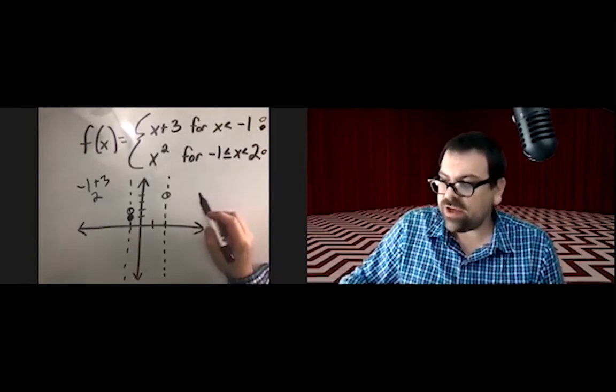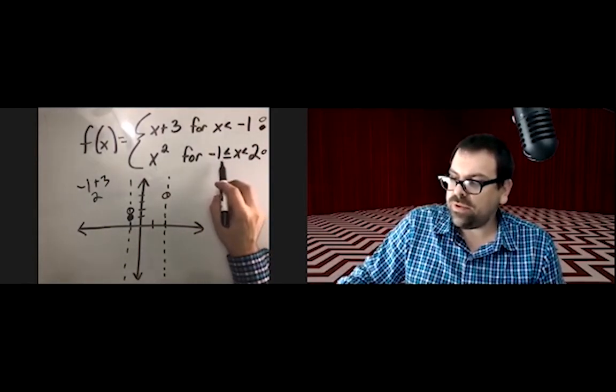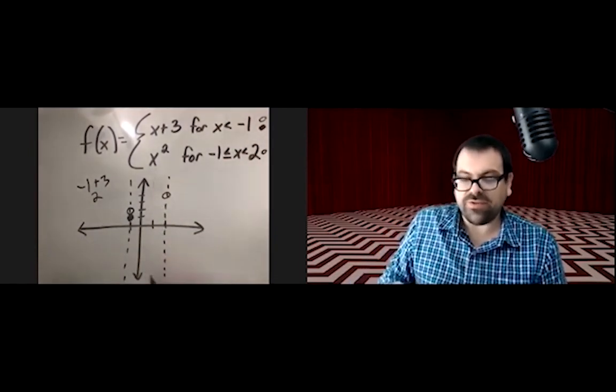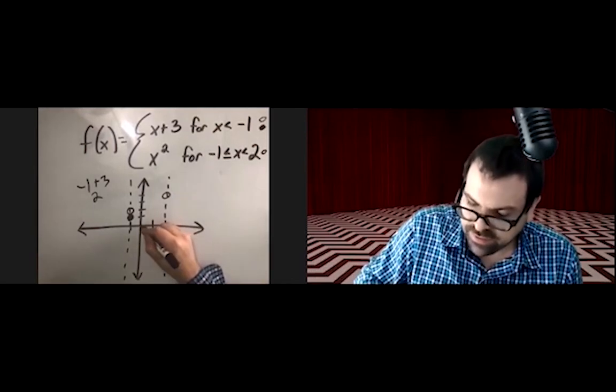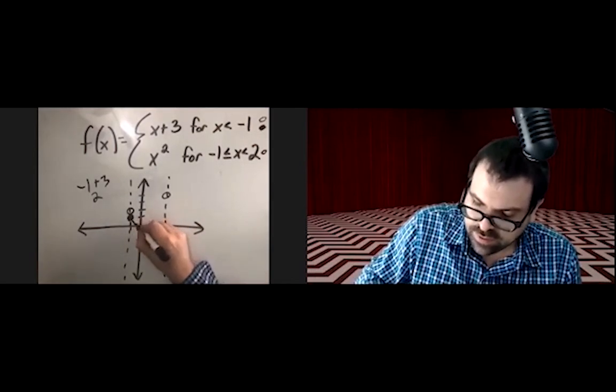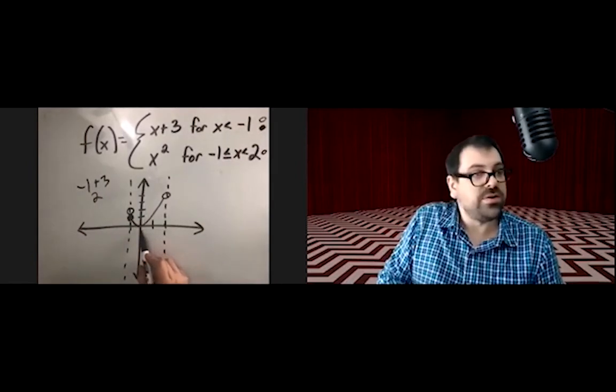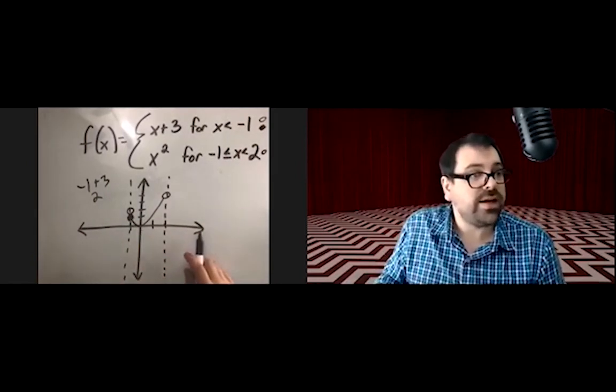Now in between is fun. We're going to connect from the closed circle at 1 to the open circle at 2. And the graph is x squared. We know this graph. Point at 0, 0 because it's not moved up, down, left, right any.